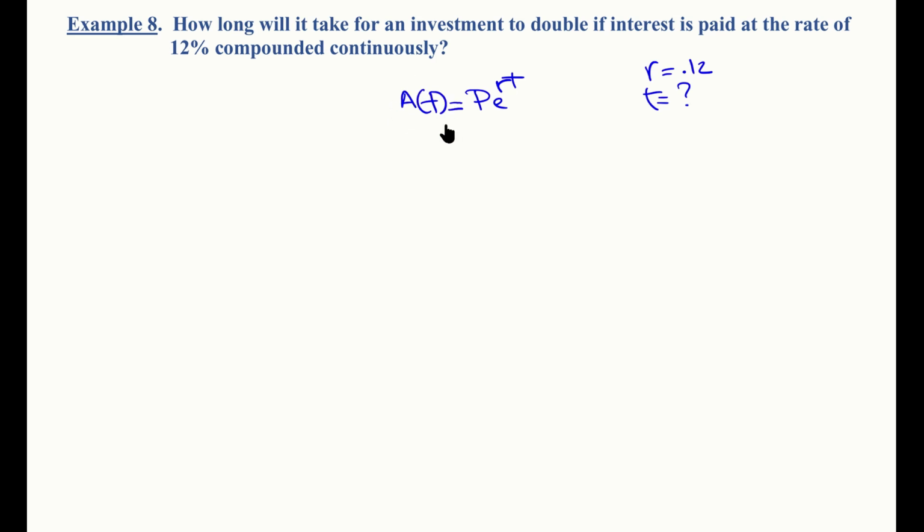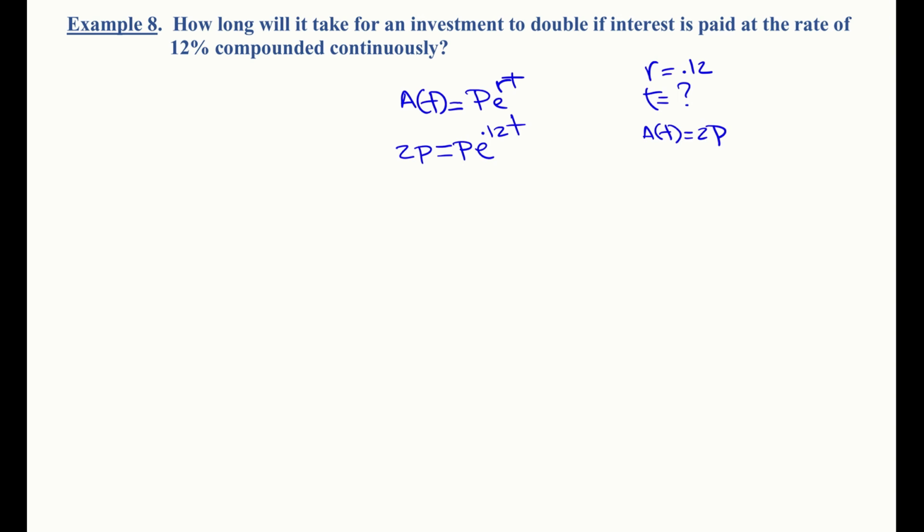We want the future value to be 2p, twice the present value. So we want A of t to be 2p. So we're going to substitute that for A of t, and we have p e to the, we can substitute for r at least, 0.12t. Now notice what happens.